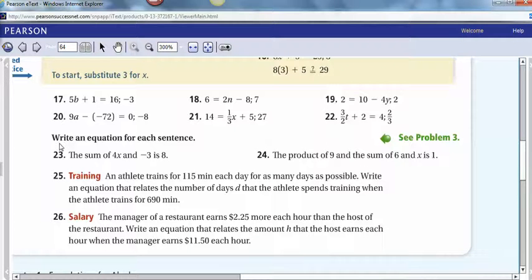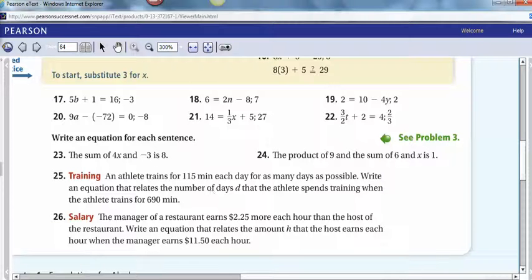And all it says to do is to write an equation. Okay? So they start off with 23 and 24, where it's very straightforward. They get right to the facts. And then on 25 and 26, they throw some more words in there. But make sure you go through the problem and find out what's important and pull it out and use it.